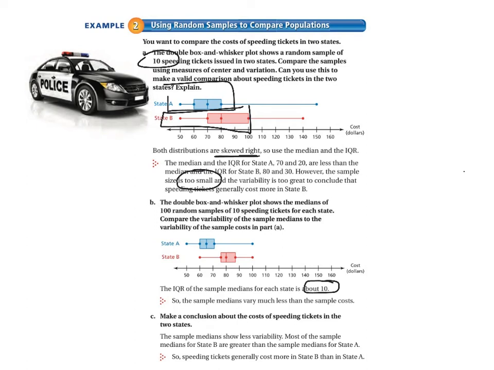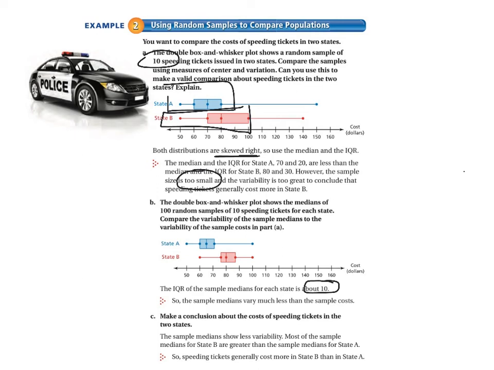If you look at what we had in the earlier sample, the IQR was 70 in A and 80 in B, so it was very different. Here it's very similar. So the sample medians vary much less than the sample costs.